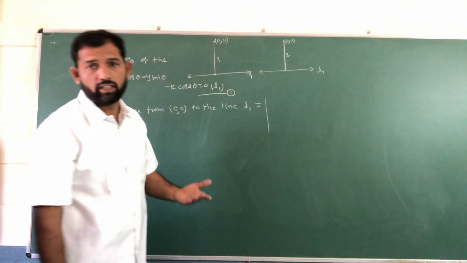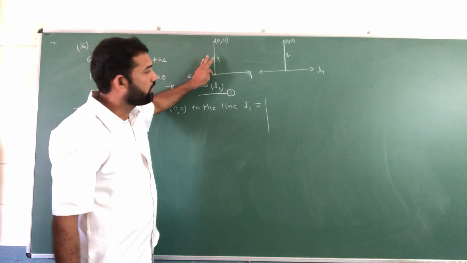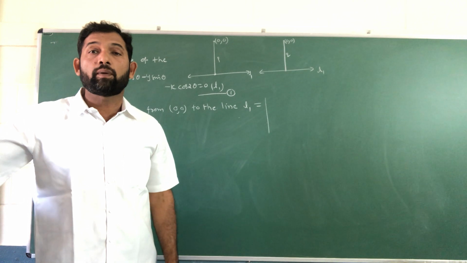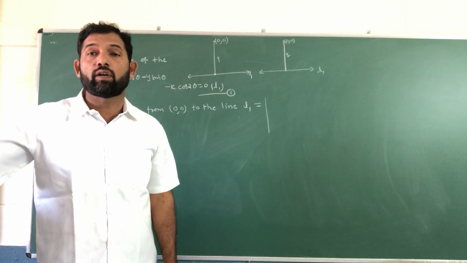Perpendicular distance is nothing but the distance between a point and a line. The formula for a point and a line is: a x1 plus b y1 plus c divided by root of a square plus b square.